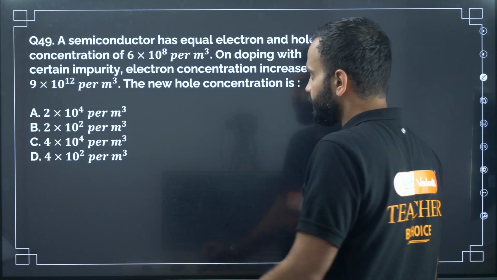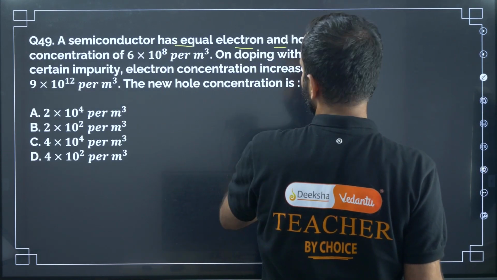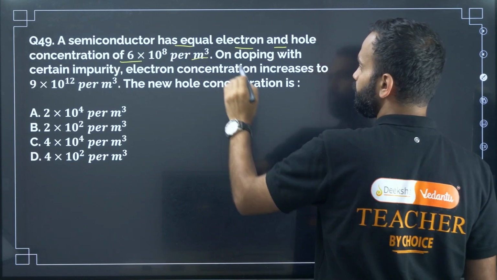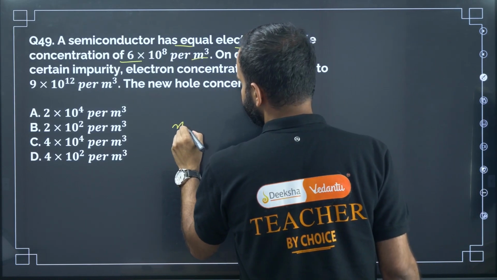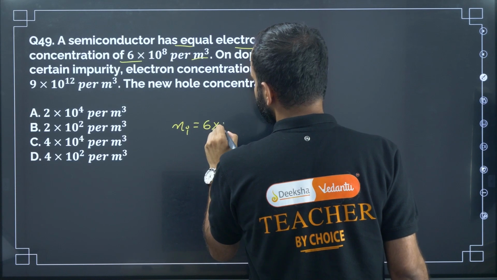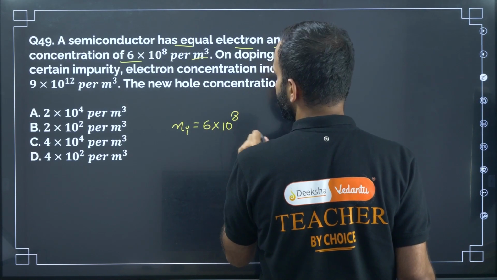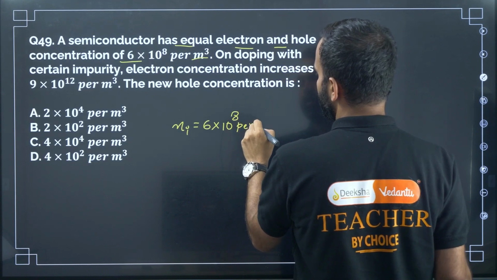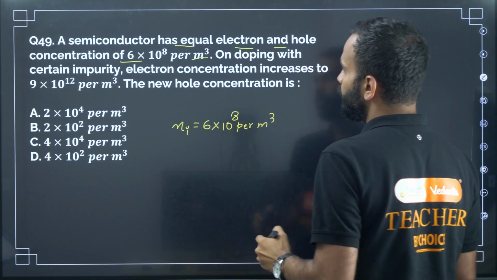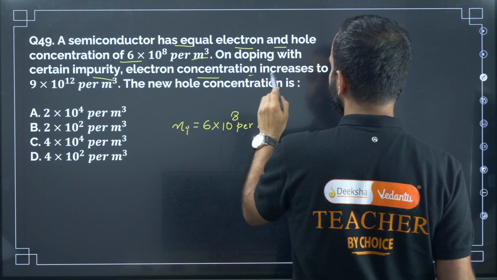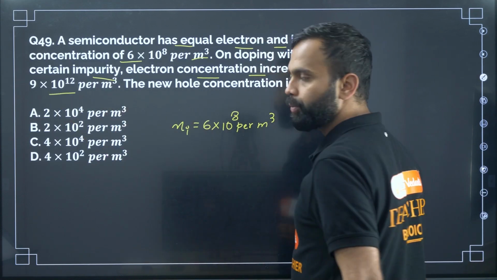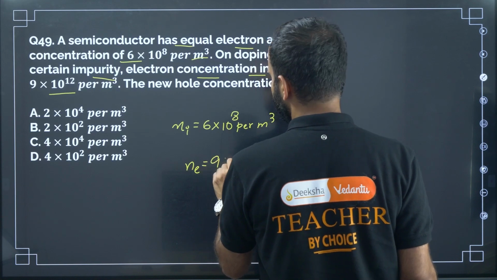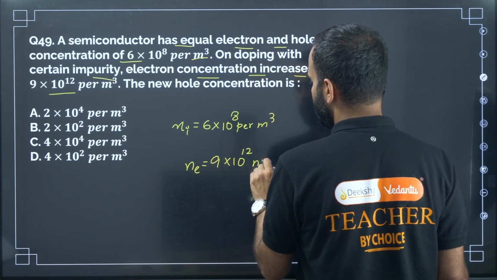Question number 49. A semiconductor has equal electron and hole concentration of 6 into 10 to the power 8 per meter cube. That is Ni is equal to 6 into 10 to the power 8 per meter cube. On doping with certain impurity, electron concentration increases to 9 into 10 to the power 12 per meter cube. So Ne is equal to 9 into 10 to the power 12 per meter cube.